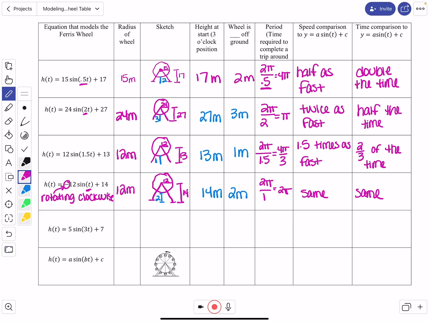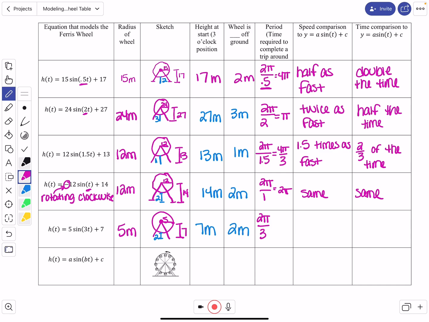Okay, on this one, my radius is 5. When I do my picture, so 5 is going to go here. My total height is 7. Off the ground here is 2. All right, so now I'm going to do 2 pi divided by 3.